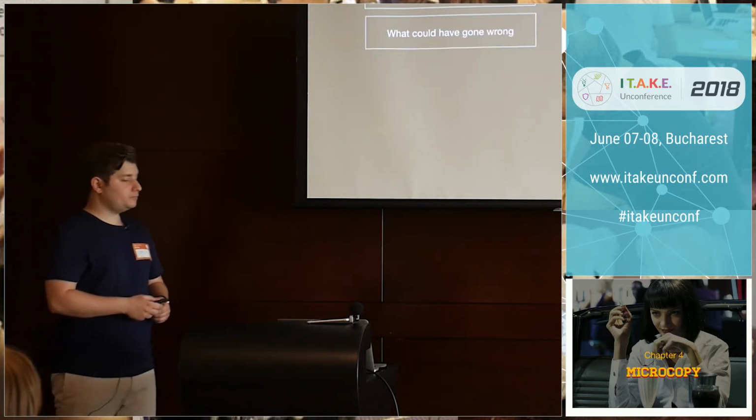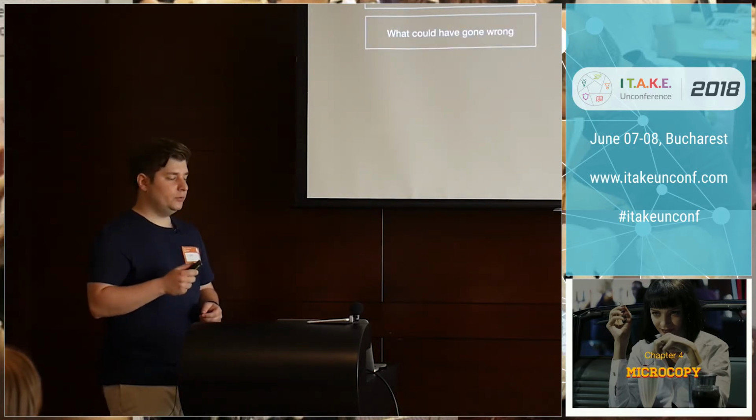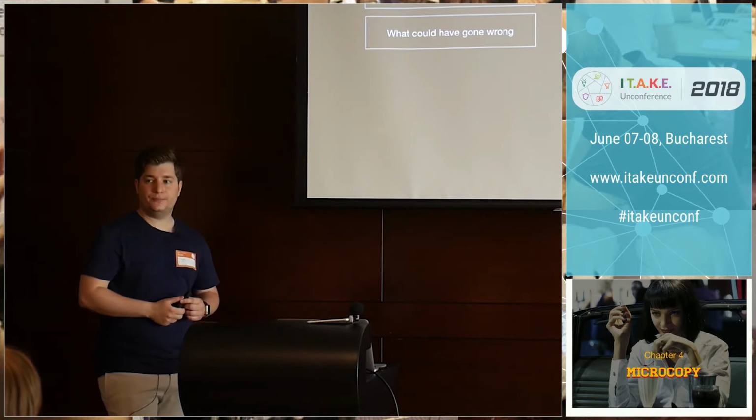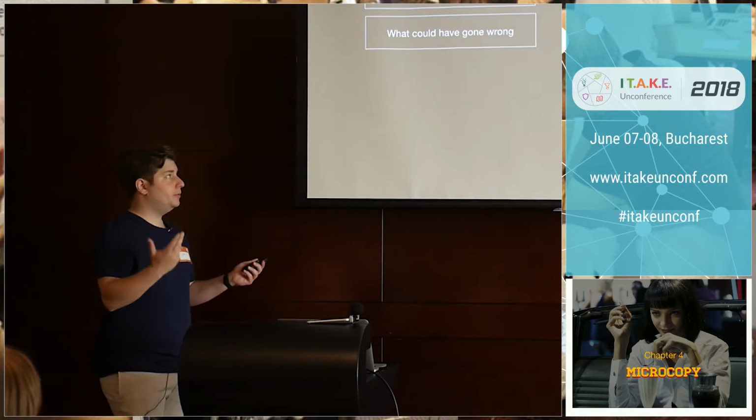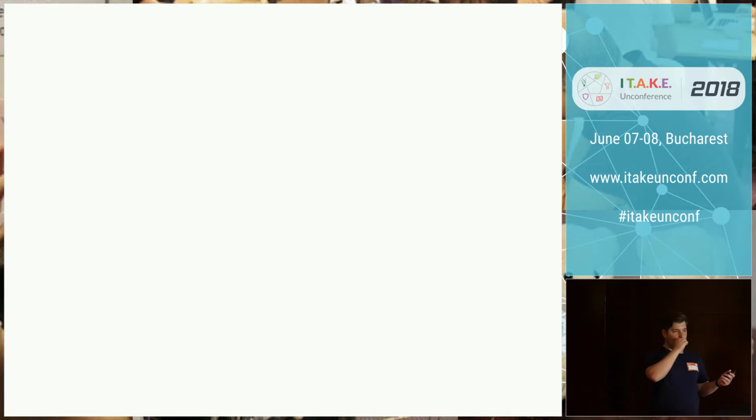And then it's important to point out what could have gone wrong. So, for example, there's a timeout, or slow internet connection, or not enough funds on your credit card, or whatever, because it can help the user to recover from those issues.